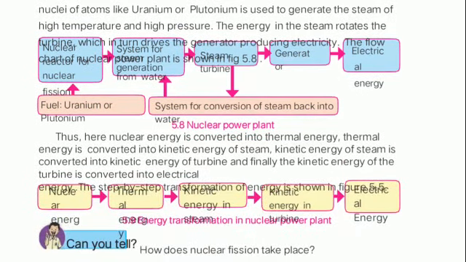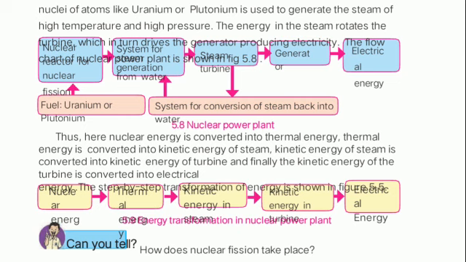Here the nuclear energy is converted into thermal energy, and the thermal energy is converted into kinetic energy of steam. Now the kinetic energy of steam is converted into kinetic energy of turbine, and finally the kinetic energy of turbine is converted into electricity.